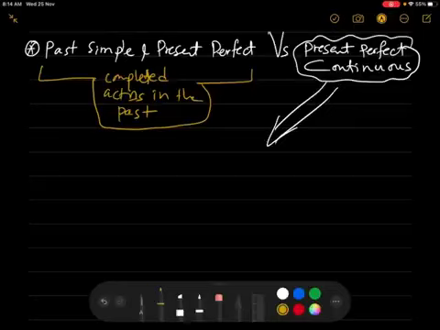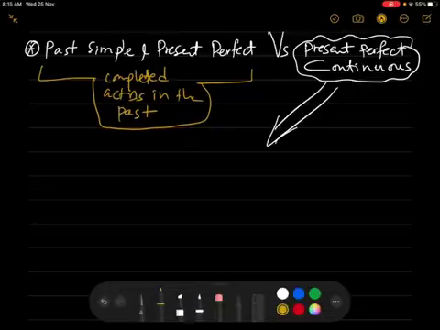Okay, both of them are used to express completed actions in the past, and we know the difference between the use of past simple and present perfect, when to use past simple and when to use present perfect, so when we listen to a native speaker, we can differentiate what he means when he uses past simple rather than present perfect, or when he uses present perfect rather than past simple.